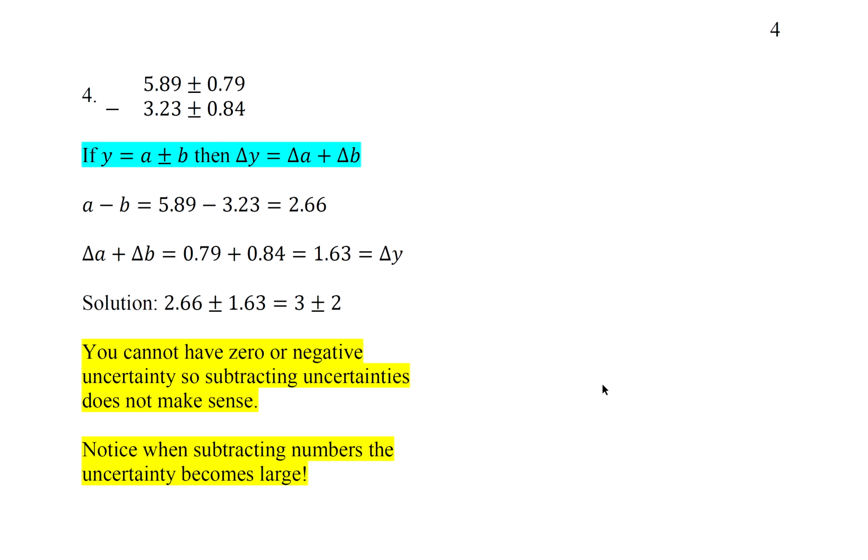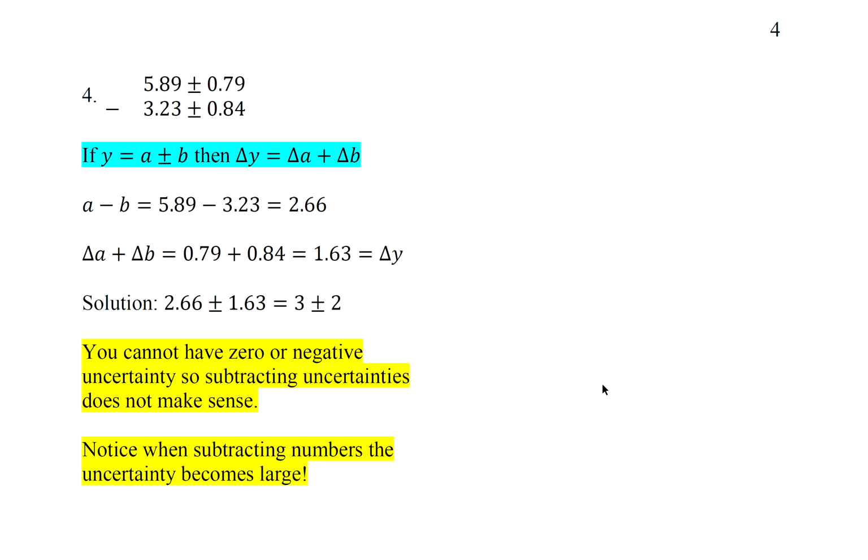Question 4, we are subtracting uncertainties, but notice we're using the same equation. So we're going to subtract 5.89 minus 3.23, and then we're going to add the uncertainties. So our solution is going to be 3 plus or minus 2.